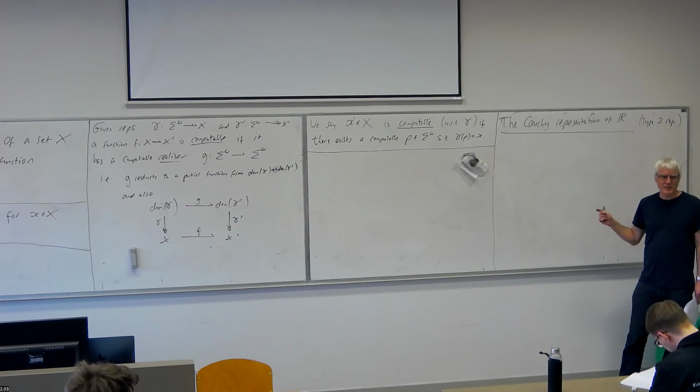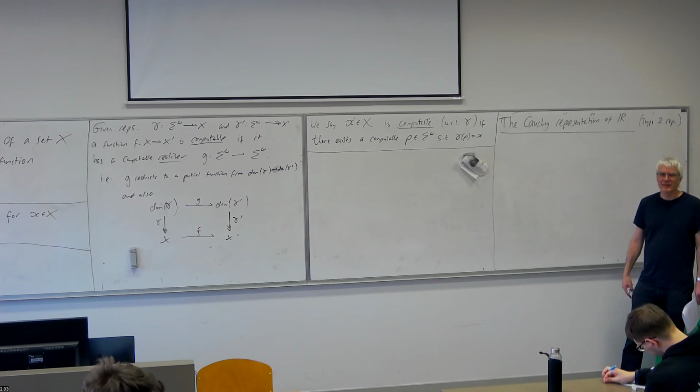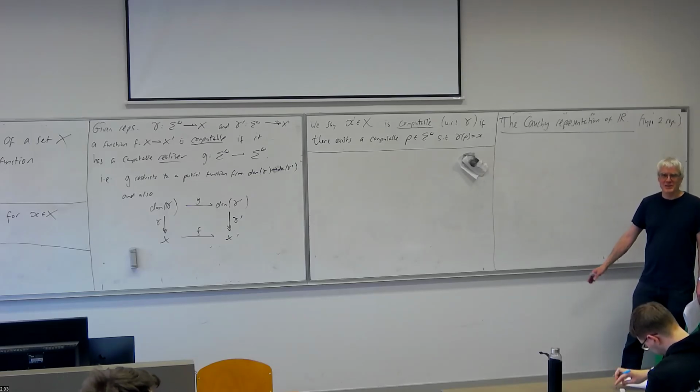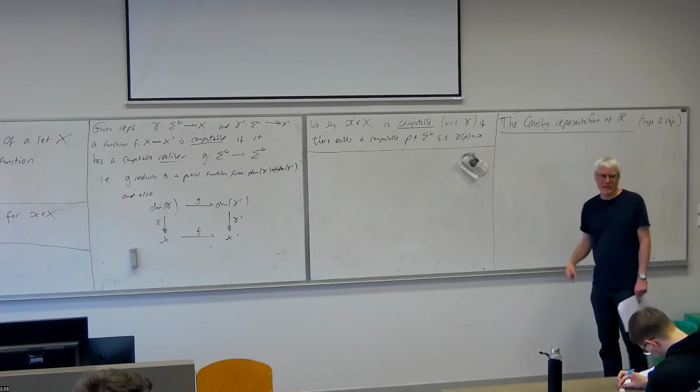Who knows what a dyadic rational is? Yeah. It's a rational number that can be written as an integer fraction where the denominator, that's the bit on the bottom of the fraction, is a power of 2.